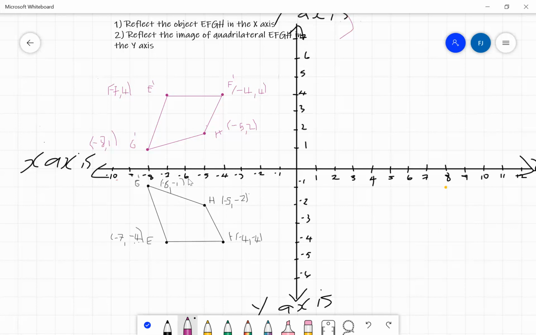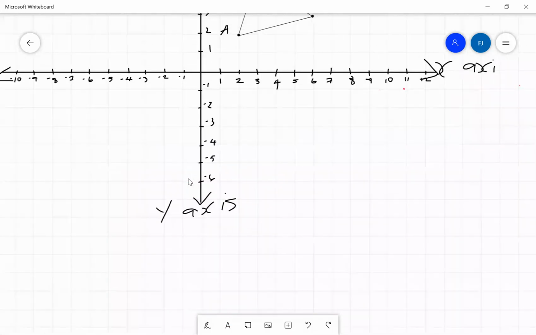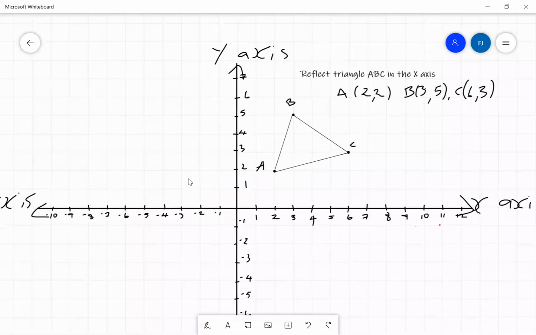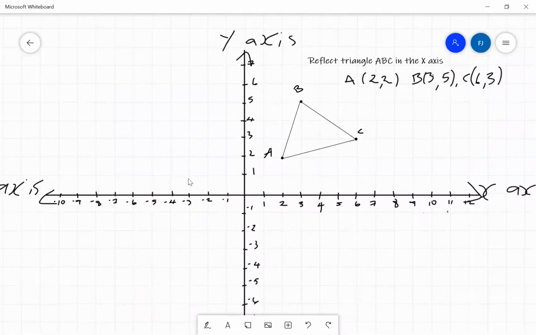We will now be looking at reflecting in the y-axis. We will be using triangle ABC for that example. Triangle ABC has coordinates of point A being 2, 2, point B 3, 5, and point C 6, 3.